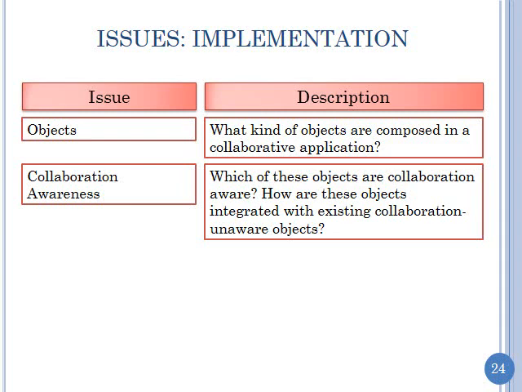So we'll just talk of awareness and unawareness. And the whole idea is that you want a high level of collaboration awareness in the objects you implement, or a low level of awareness in the objects you implement. Some will have to be aware, but should all the objects be aware? That's what the whole thing about separation of concerns is: we will focus on different things in different objects.